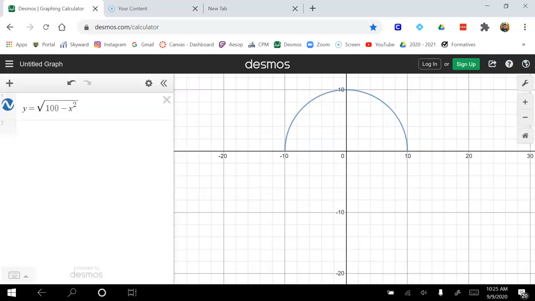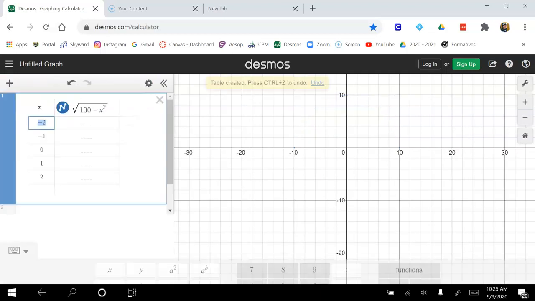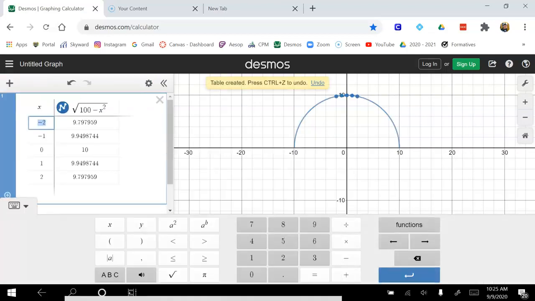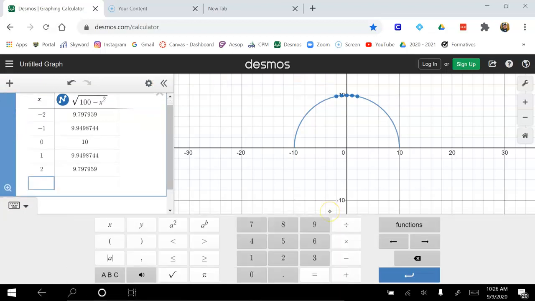And we'll have to kind of zoom out a little bit. And there's our graph. Once again, if you want to see the table, hit that gear, bring up the table. If you want to see other values, you'll have to just type them in at the bottom of your screen.